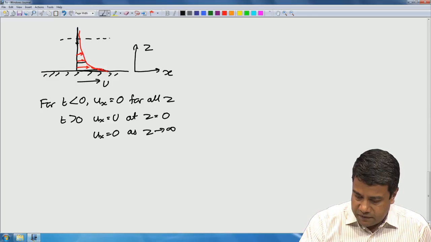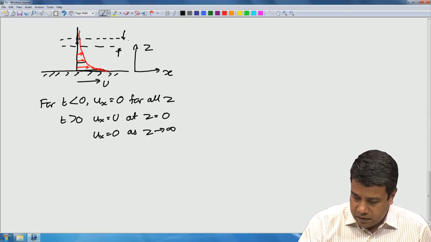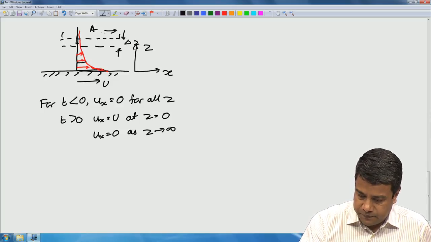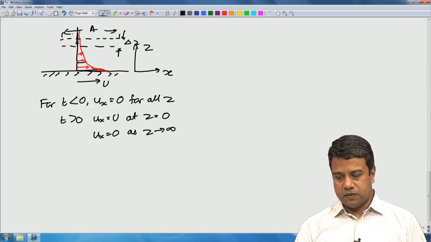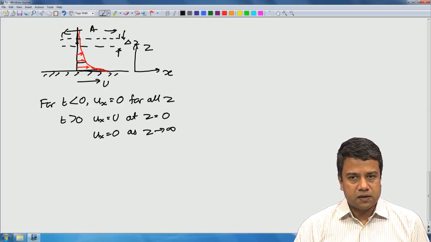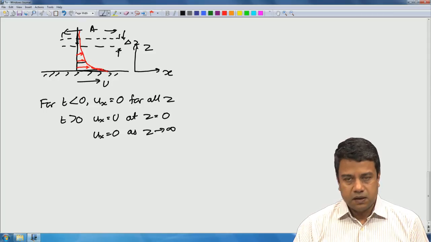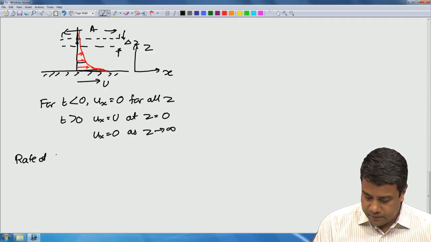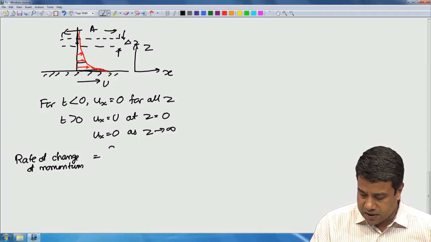If I have a differential volume of height delta z and cross sectional area A, the balance law in this case is written as the rate of change of momentum is equal to the sum of forces.